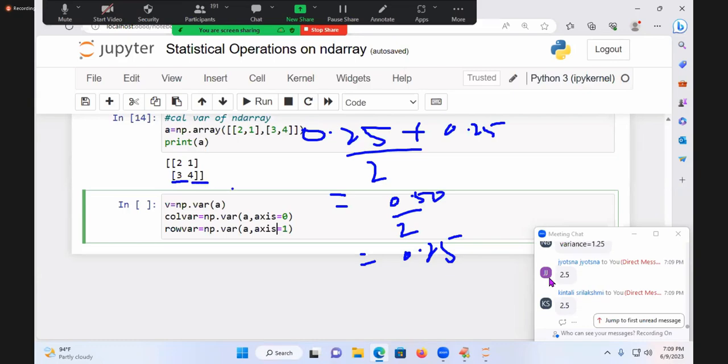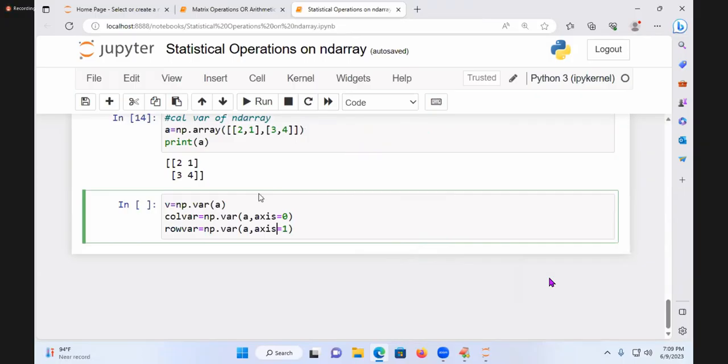Second column. 1 plus 4 by 2, 5 by 2, same to same, 2.5. 1 minus 2.5, 1.5 whole square, 2.25. 4 minus 2.5, 1.5 whole square, 2.25. 2.25 plus 2.25 is 4.50 by 2, 2.25.